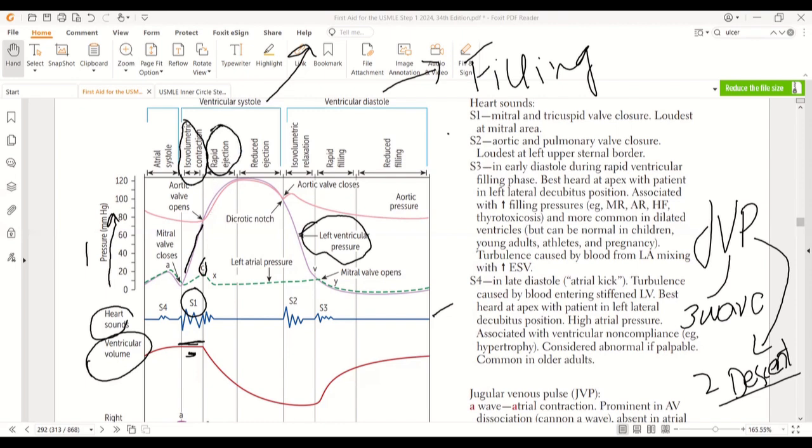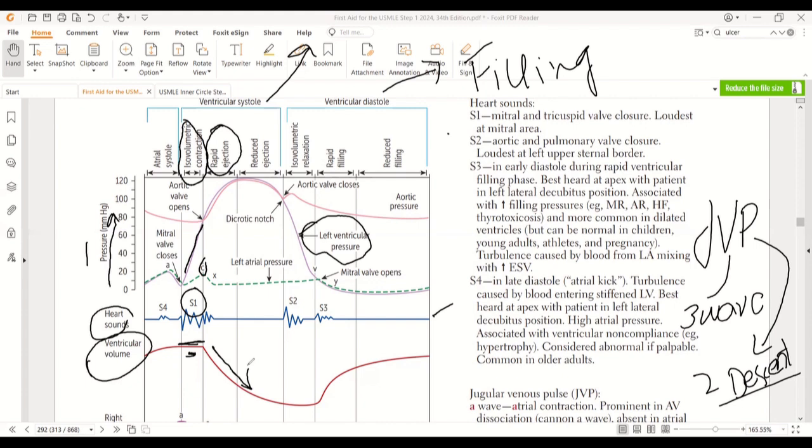The aortic valve opens, then what will happen? Rapid ejection. In rapid ejection, you noted that the ventricle volume continuously decreases, right?